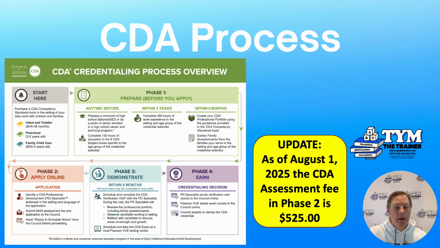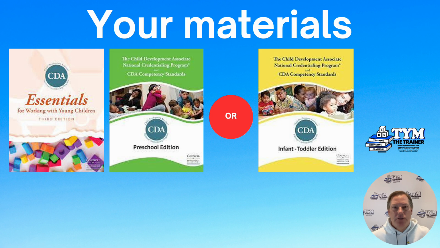All right. Once you register for the CDA coursework with timthetrainer.com, we're going to mail 2 documents to you. The most important thing you're going to get from us is this textbook, and it is the Essentials for Working with Young Children, 3rd edition. This is going to be the biggest piece of your course, and you're going to read and you're going to reflect on every chapter in this book.